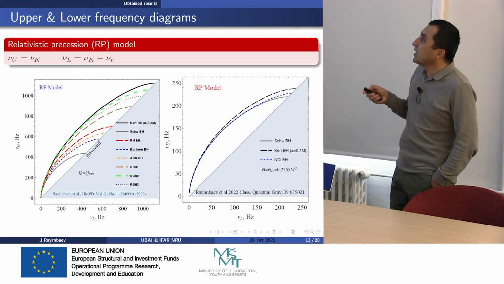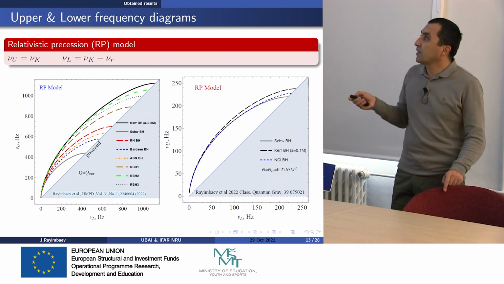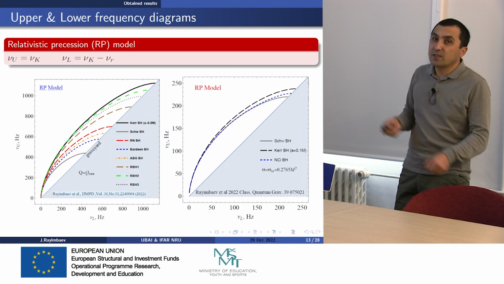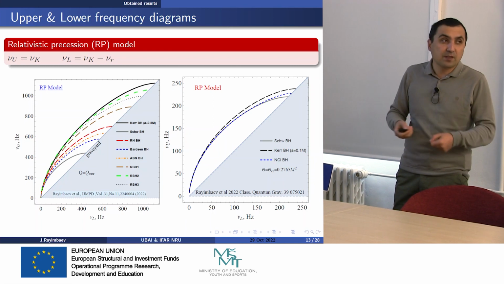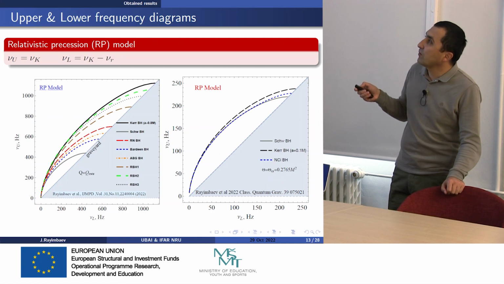We can see that below this point we cannot see any effects between the Schwarzschild and the NC black holes. It means that this parameter's effects are very, very weak, and we can only see them at higher values of upper and lower frequencies, but it is a difference.